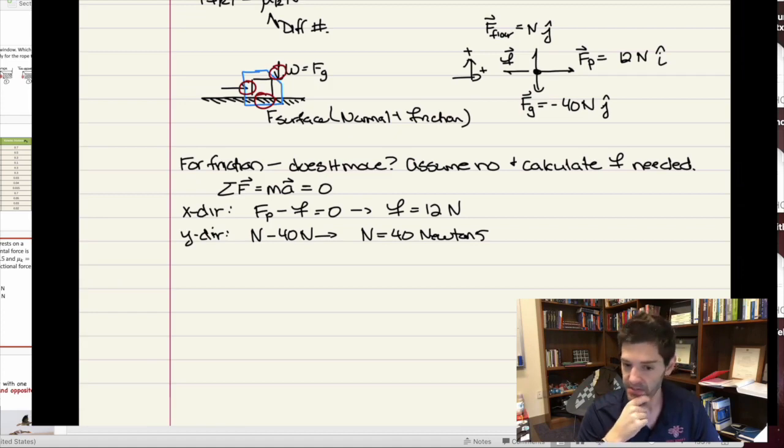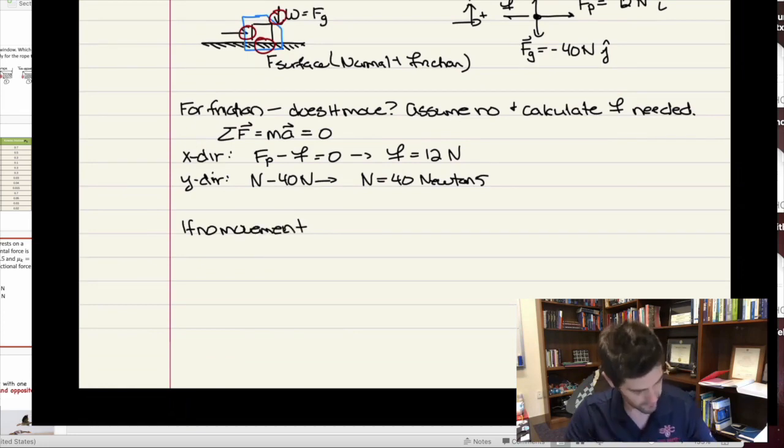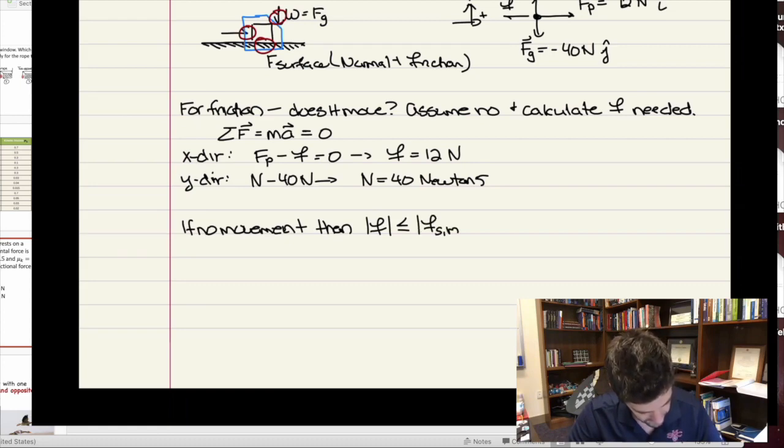So now the question is, is that possible? If there is no movement, then this force we just calculated must be less than or equal to the maximum possible static friction. It can be anything up to and equal to that max value, else static friction is not enough.